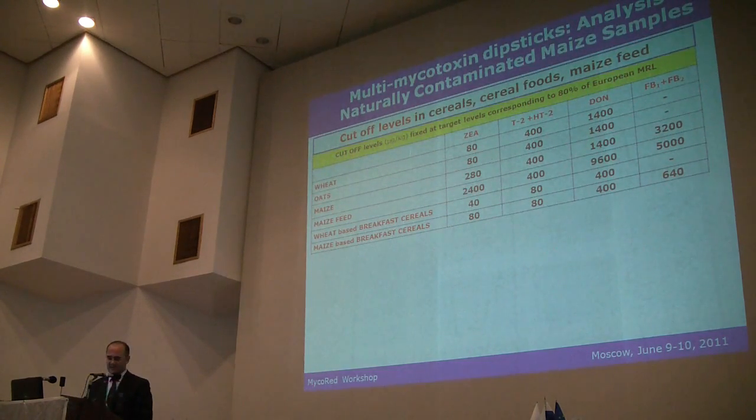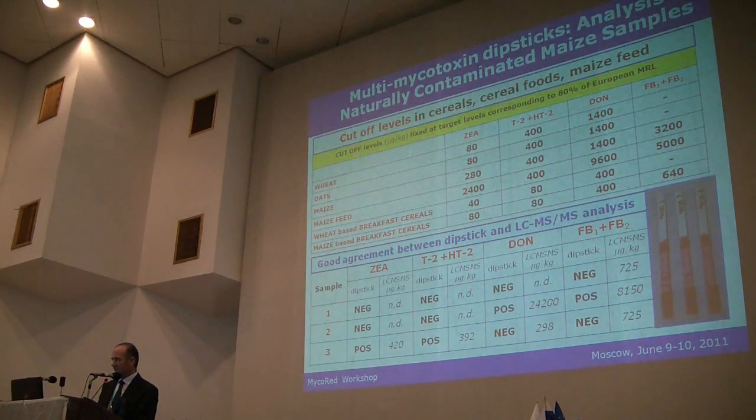This is what was chosen within the project. And we observed a good agreement between results obtained with dipstick and results obtained with LC-MS analysis. The dipstick is negative or positive for zearalenone, where the cutoff is, for example, 80 ppb.